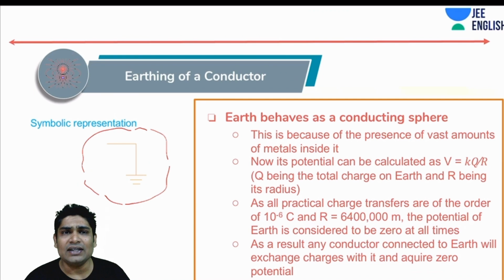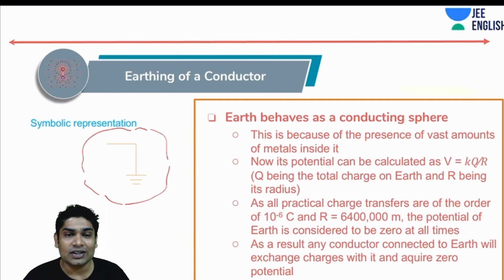However, any practical charge transfers are of the order of 10 to the power minus something, right? That I told you earlier. You guys already must know that practically the charges exist in microcoulombs. Even in all your problems, you talk about nanocoulombs, microcoulombs. So even if through all these interactions, Earth has accumulated a net charge, that charge will be of the order of 10 to the power minus 6 coulomb.